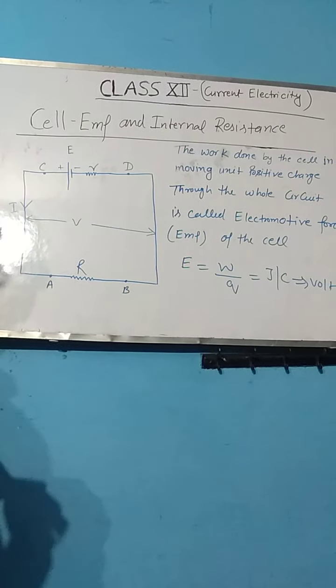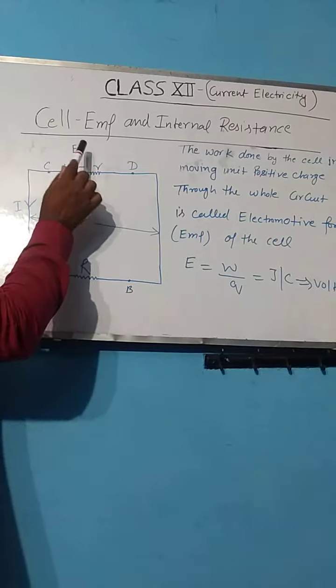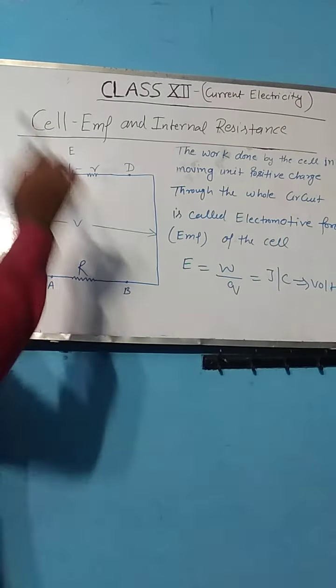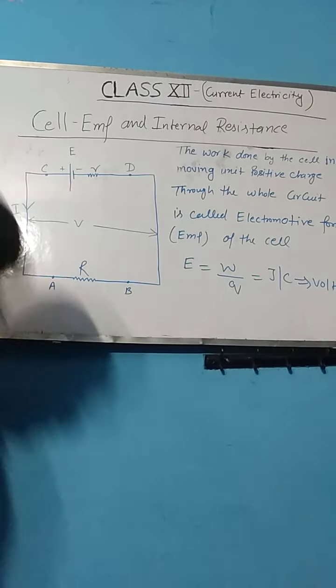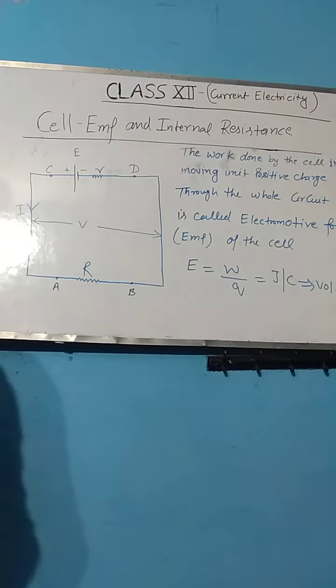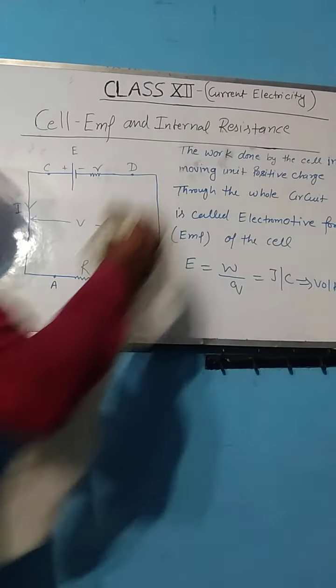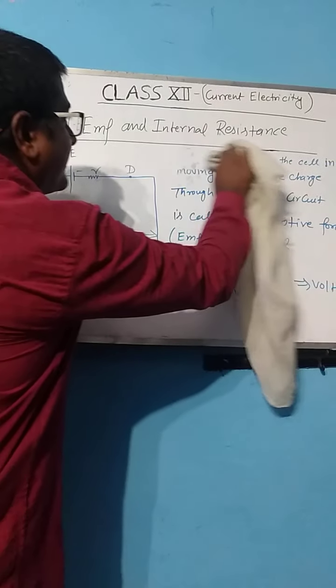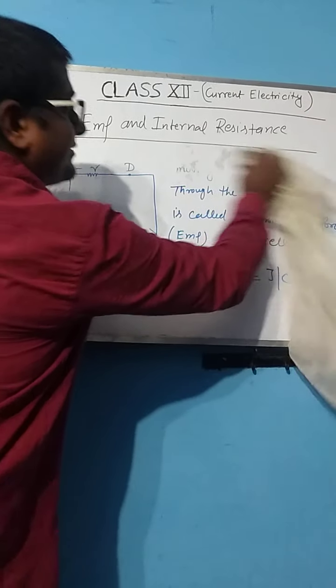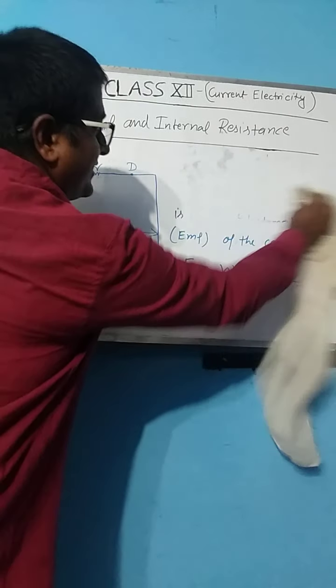We will also discuss the relation between E, V and R after some time. First we go to the relation of E, V and R, and after some time I will discuss the internal resistance.